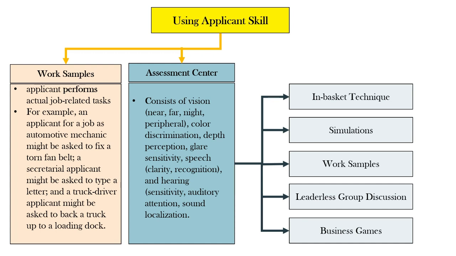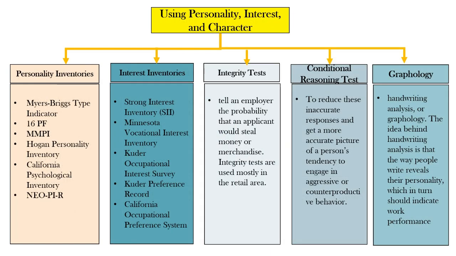We also have the California Psychological Inventory and the NEO-PI-R. For the interest inventories, we have the SII or the Strong Interest Inventory, the Minnesota Interest Inventory, the Kuder Occupational Interest Inventory, the Kuder Preference Record, and the California Occupational Preference System.